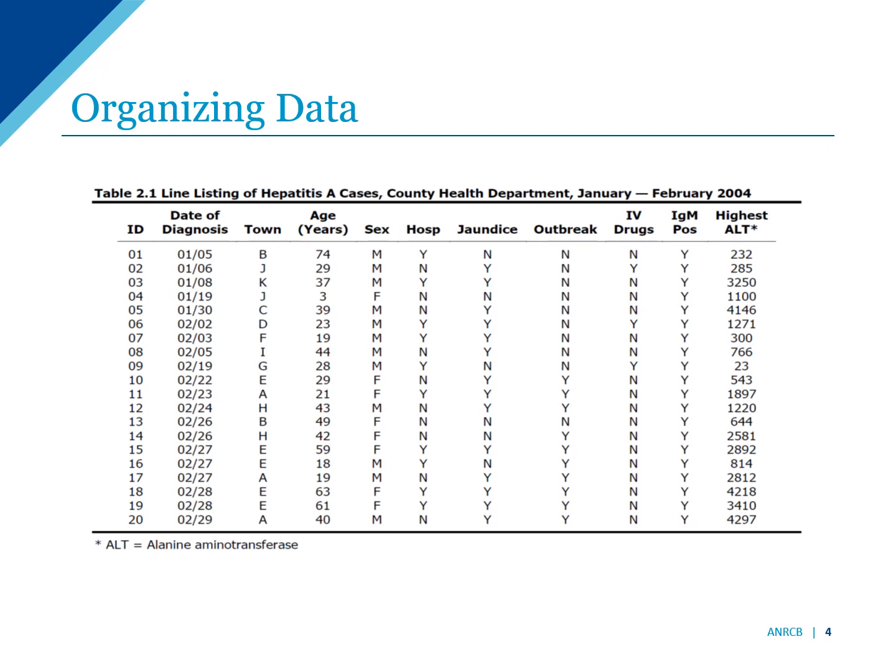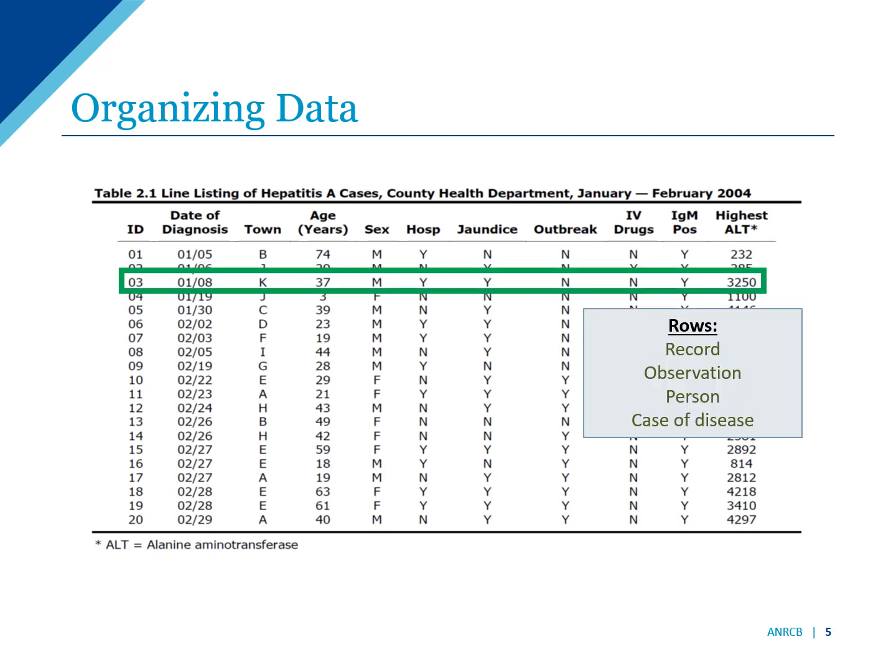We may also present and report data in a table format, similar to the way we store data. This is a simple table reporting characteristics of hepatitis A cases in a health department over the course of 2 months. Each row represents one case or observation of hepatitis A seen at this health department.